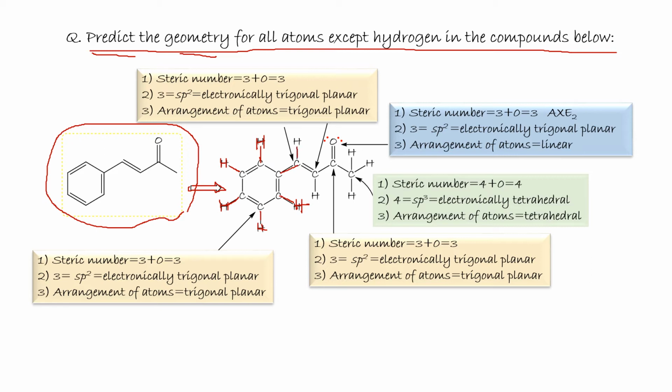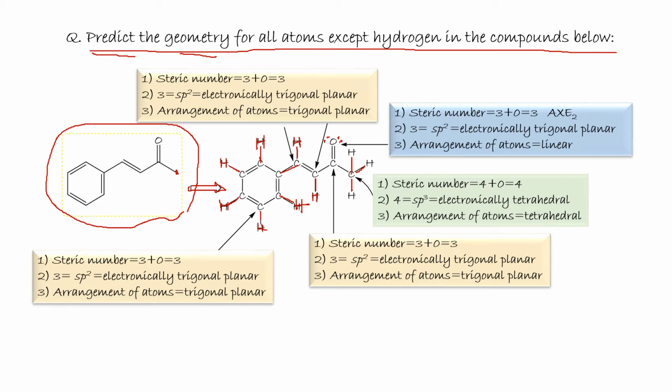This carbon, okay, I have to add the sigma bond, carbon hydrogen. For oxygen, I have to add the lone pair. Okay, for this carbon I have to add the 3 carbon hydrogen bonds.